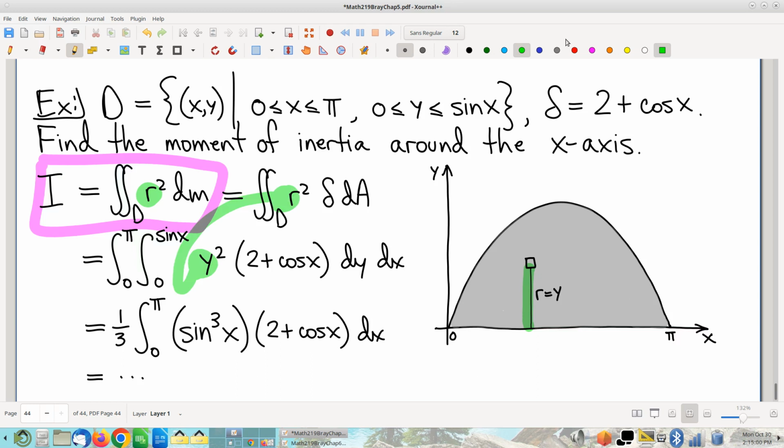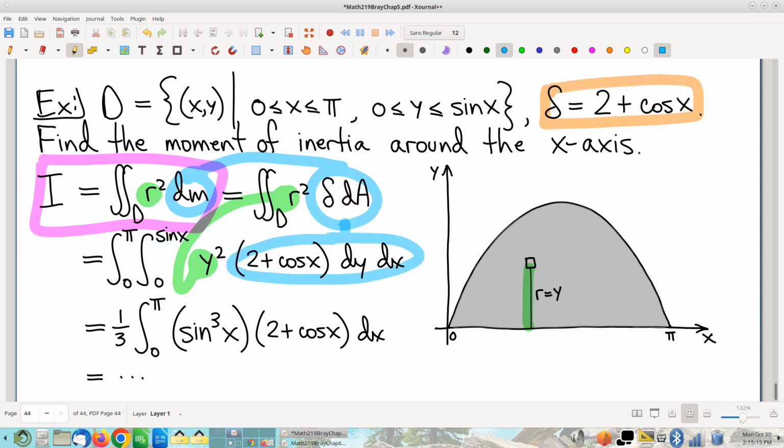What's the deal with this dm here? Mass is density times area. Density was given. So when I have density times area, the density is this. That's just plugging in what I was given.